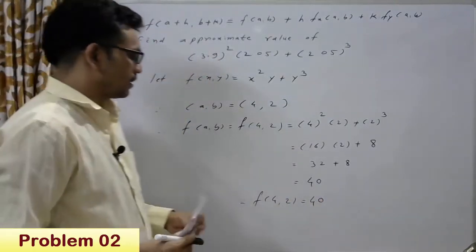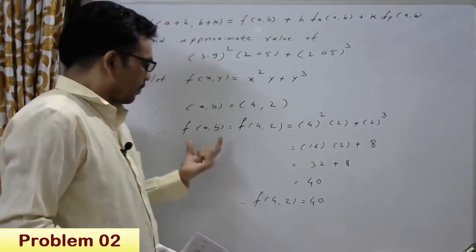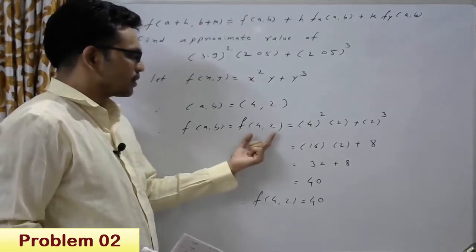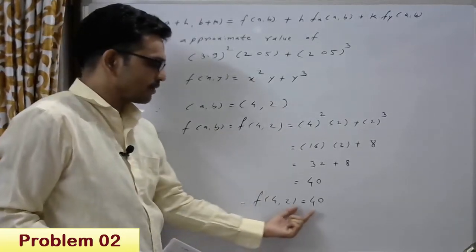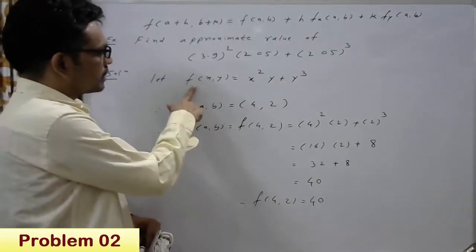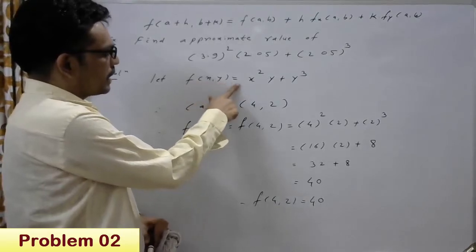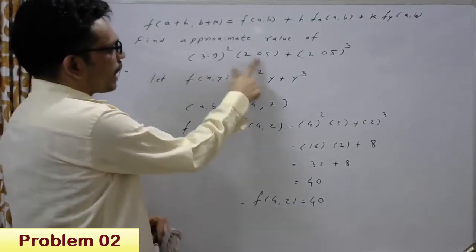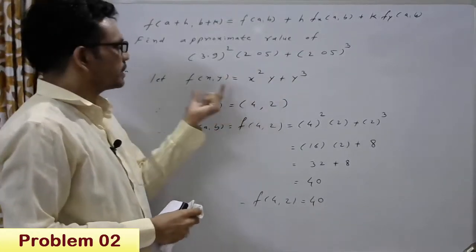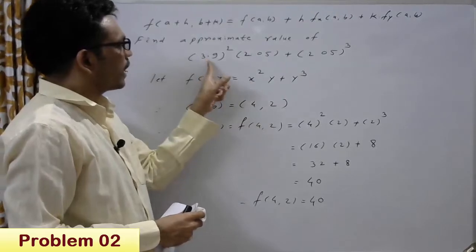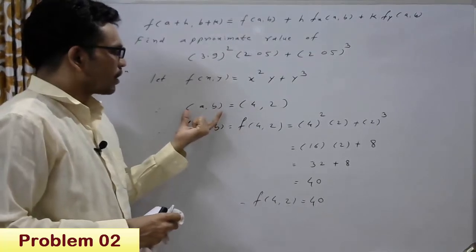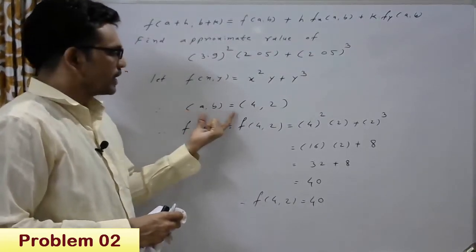The value of the function at the point (a,b), a equal to 4 and b equal to 2, that is f(4,2), is equal to 40. In this problem, first we consider the function f(x,y) = x² y + y³.